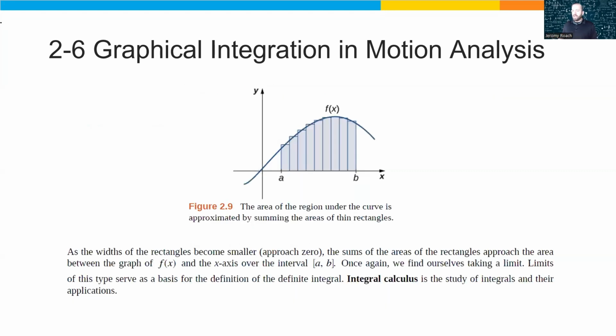One way that we can approximate that area is by shading in the area, not exactly along the curved line, but we can draw rectangles in there and figure out the total area by finding the individual area of the rectangles and then adding them all together.